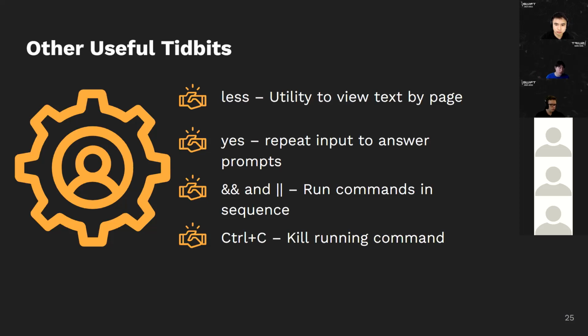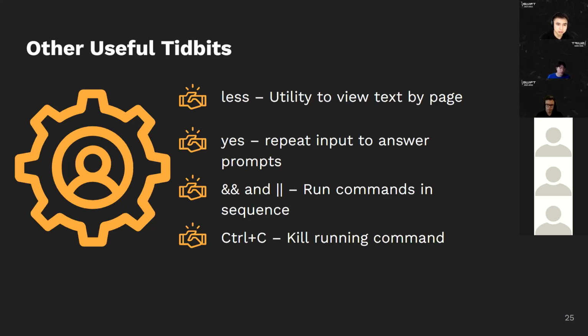If you've used Java before or C, it's very much the same as having different lines of code. You don't have to have the semicolon if you're running individual commands, but if you want to run multiple of them in succession in one line, then you would need the semicolon there.